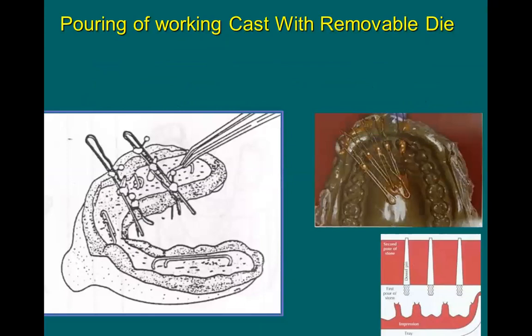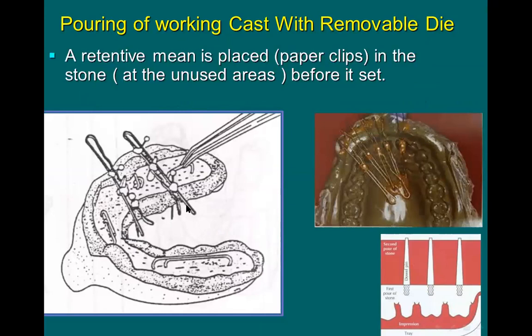Before the gypsum material or die stone is completely set, we are going to put retentive means. What are they? They are paper clips or metallic unused things.